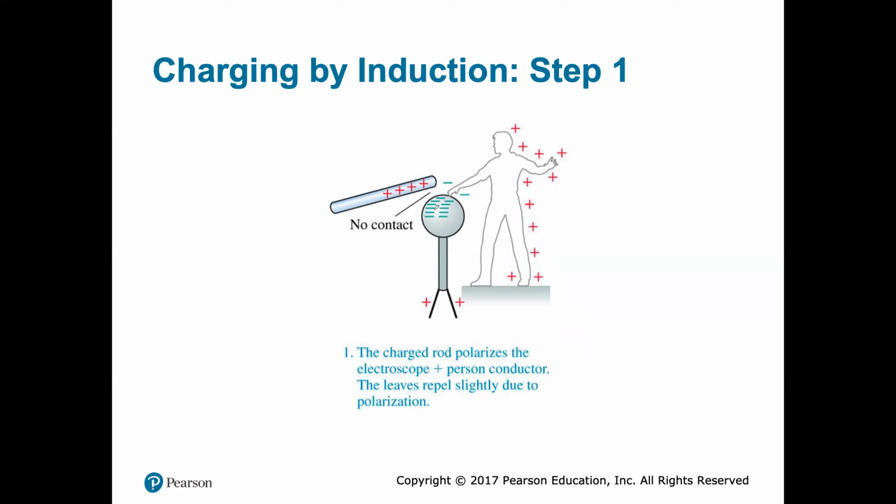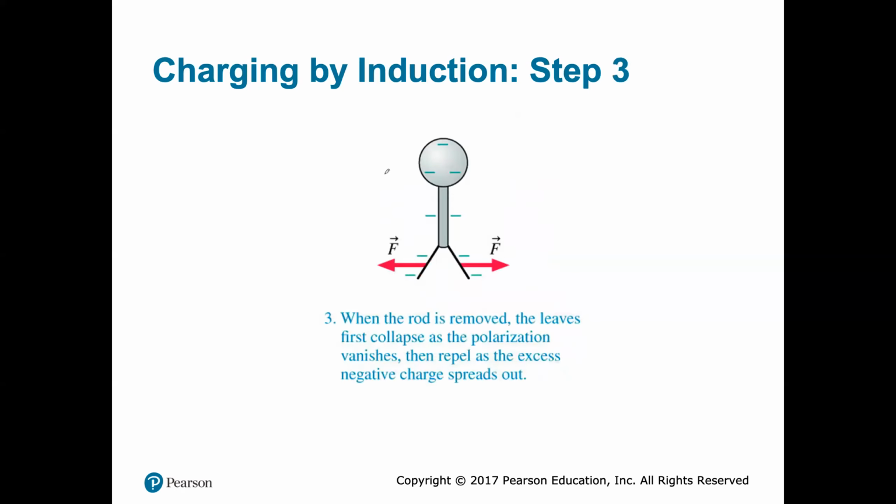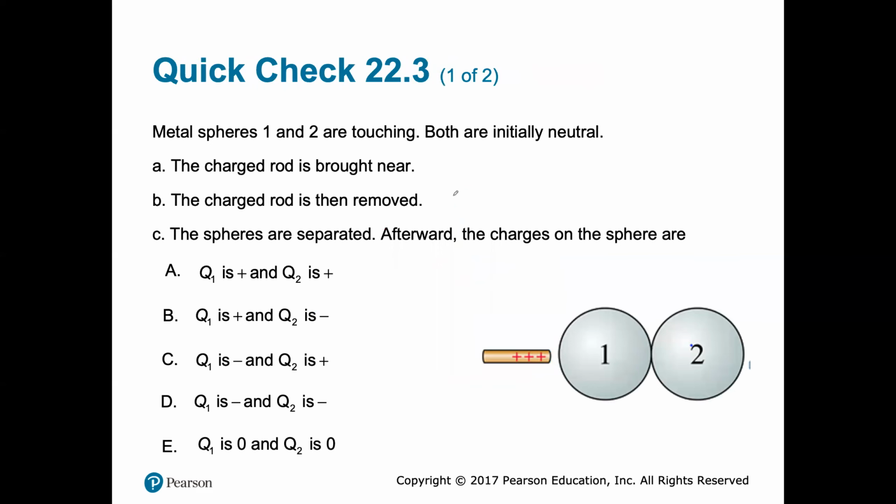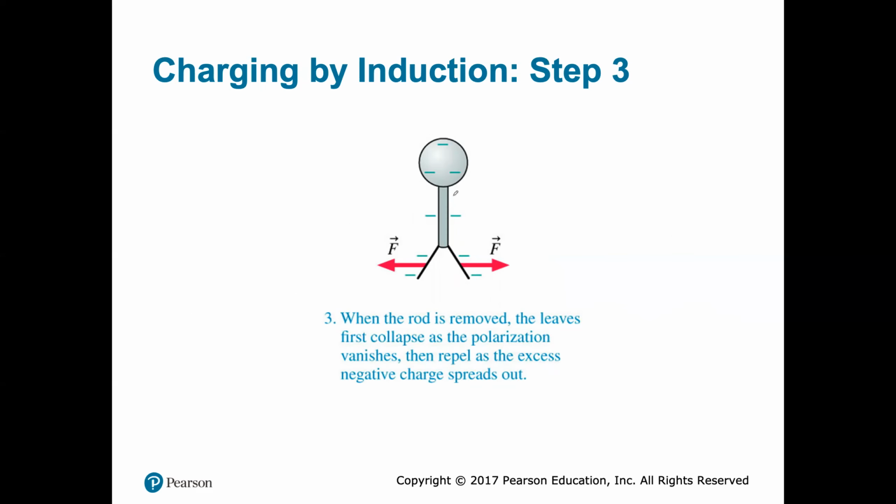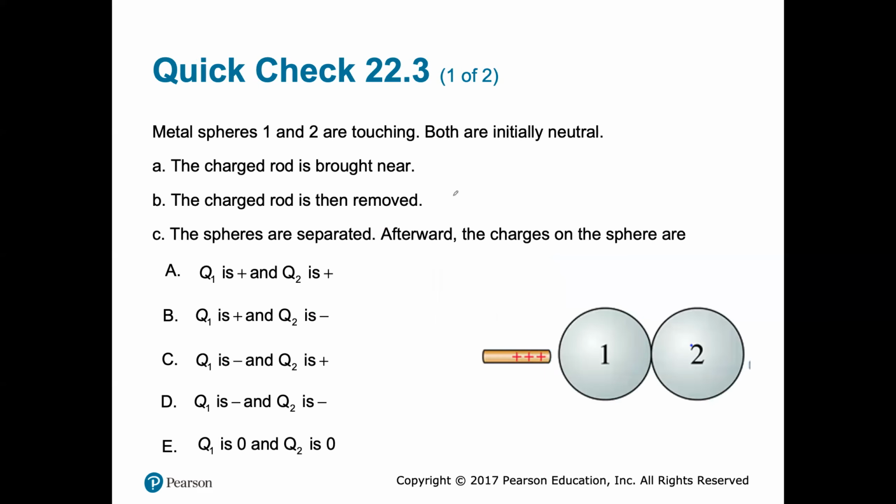However, because it's closer to the electroscope, more negative charges are located on the electroscope. So when you take away the human first and then take away the rod, this device is negatively charged. If possible, if it can be done in the lab, I highly encourage you to do similar things and see if it works.